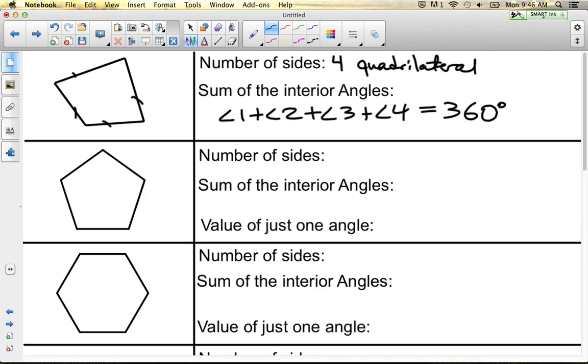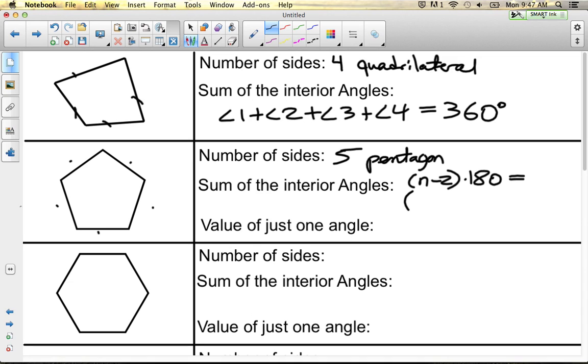Well, what happens if we have a 1, 2, 3, 4, 5-sided polygon? Okay, that would be a pentagon. What are the sum of the interior angles of a pentagon? That's when our formula comes into play. We take n minus 2 times 180, and that should give us the sum of our interior angles.